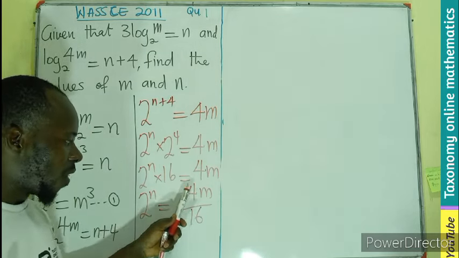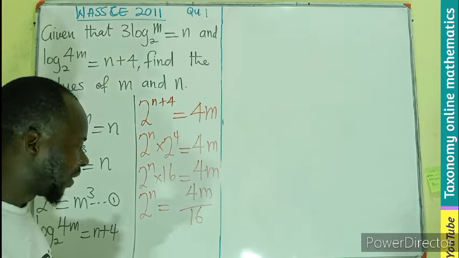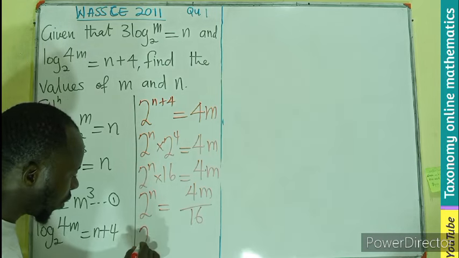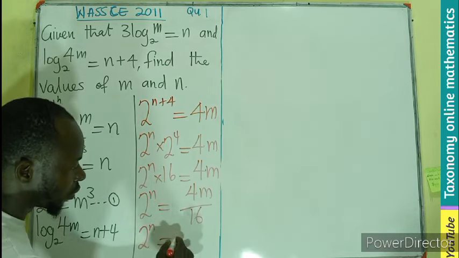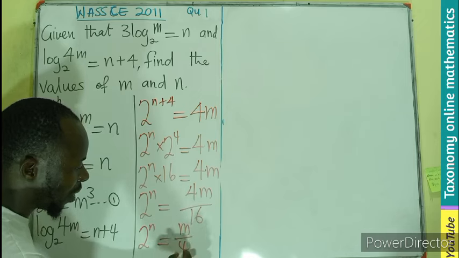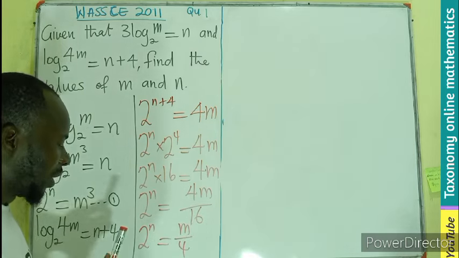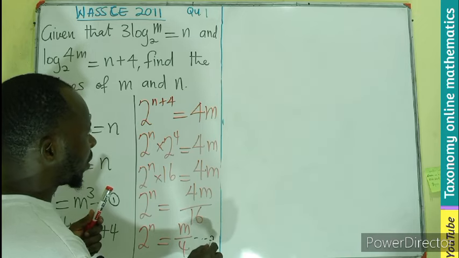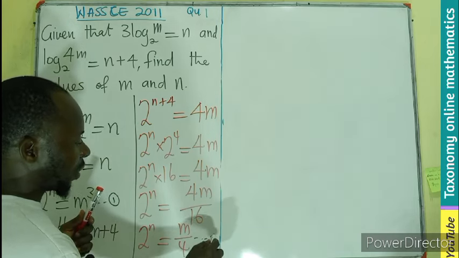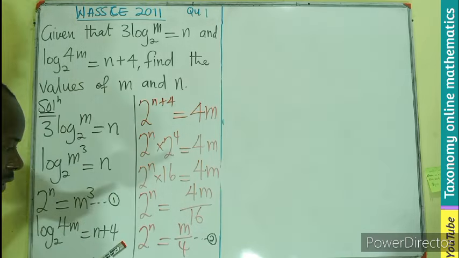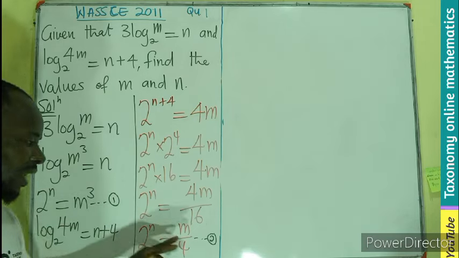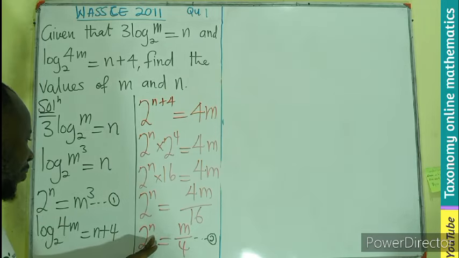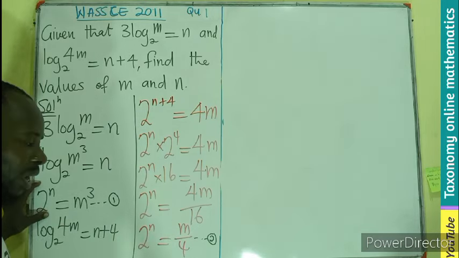I guess that could be easy. So 4 is common to both 4 and 16. So I'll be having 2 exponent n equals m divided by 4, which could also be our equation 2. This is the final stage. So from equation 1 and equation 2, we can substitute the value of 2 exponent n.